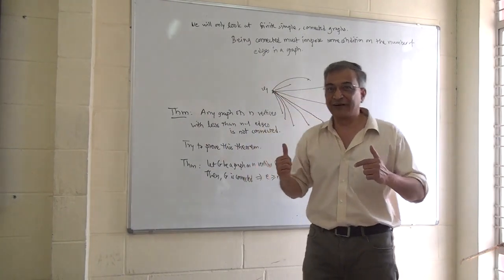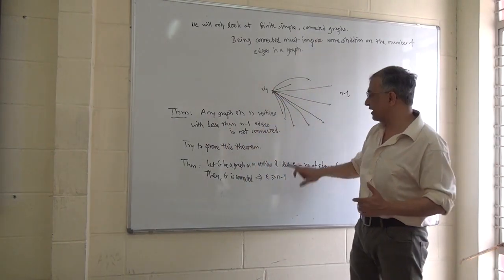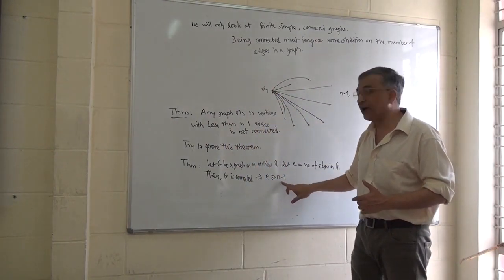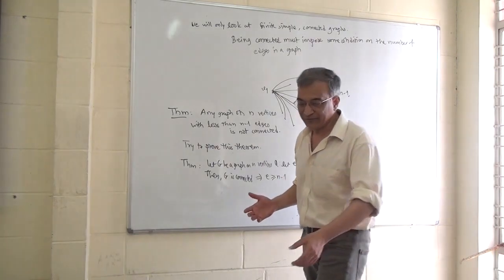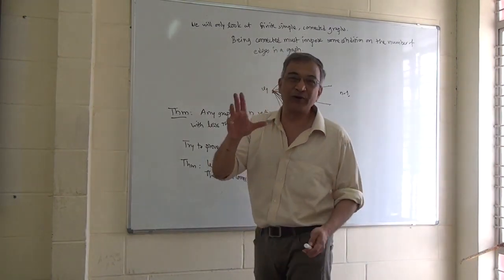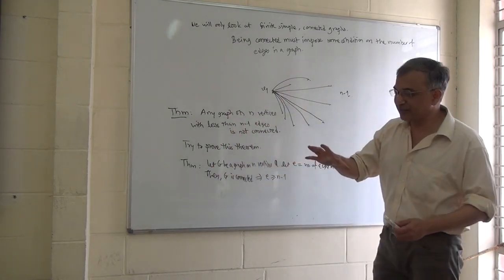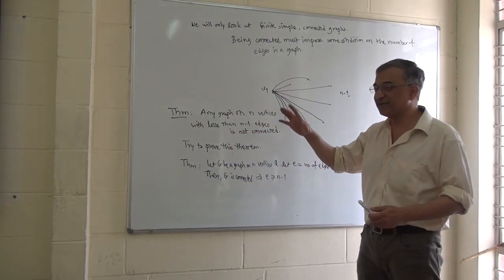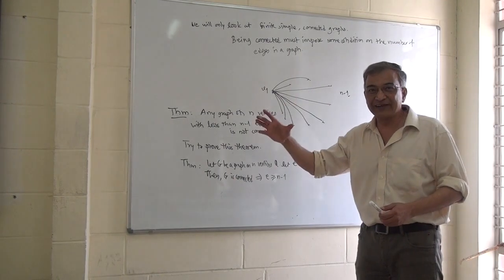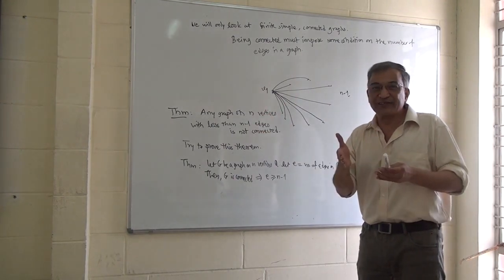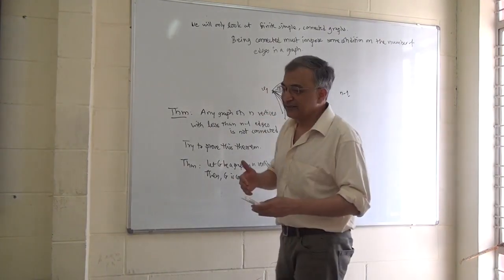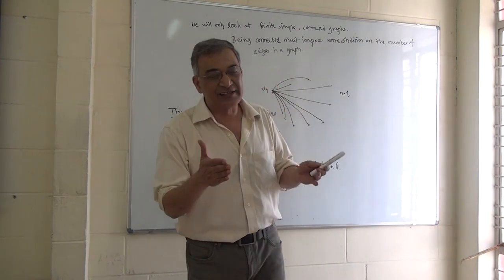What are those interesting graphs? Finite simple graphs on n points with edges equal to n minus 1 and connected. This is the way we make slow progress in mathematics. We start with the definition and each time we identify something which is interesting to us, and with that interesting property we reduce our set of possibilities to some lesser set of possibilities.